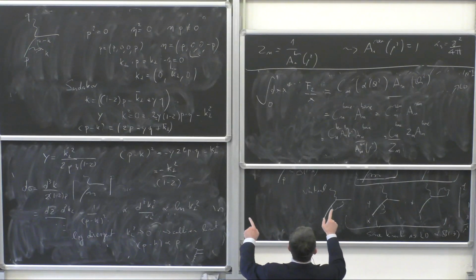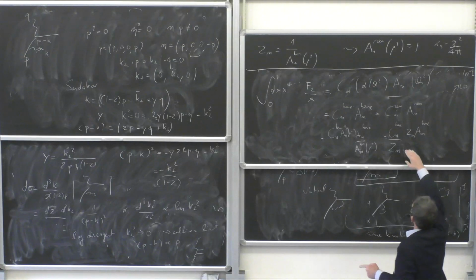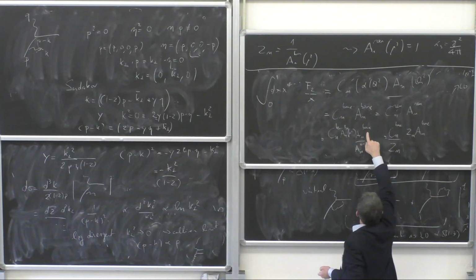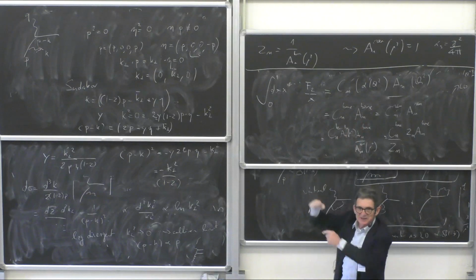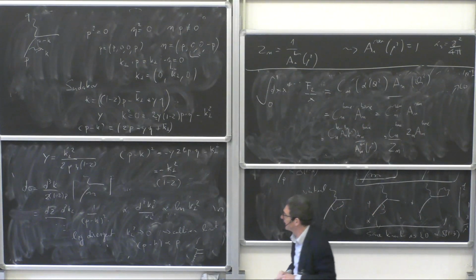So let me go back to my line of argument. My line of argument was that there is an ultraviolet divergence present in the operator matrix element that cancels against the collinear divergence in the coefficient function.